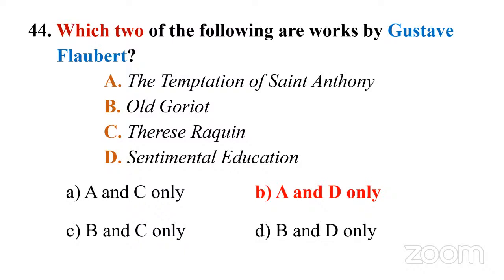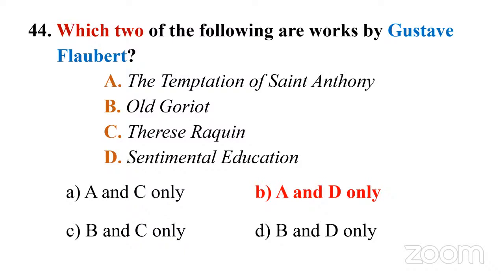But this is a bit of a tricky question, because whenever they ask questions concerning Gustave Flaubert, they always go for his famous work, Madame Bovary. But this time they have gone for the other works of Gustave Flaubert.